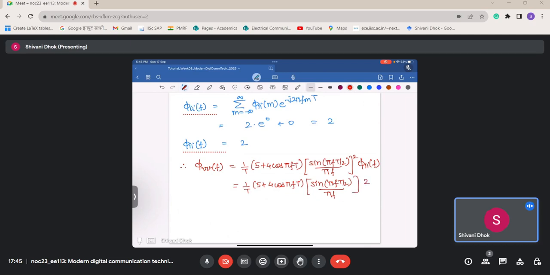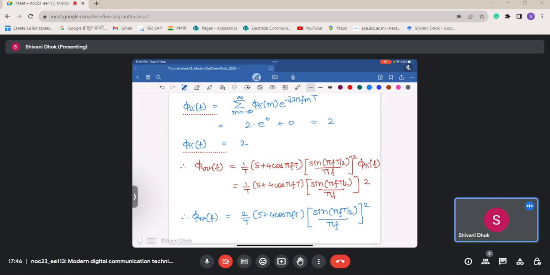So I can rearrange this to write it properly. This phi VV of f is nothing but 2 by capital T into 5 plus 4 cos pi f T multiplied by sine pi f T by 2 upon pi f whole square.